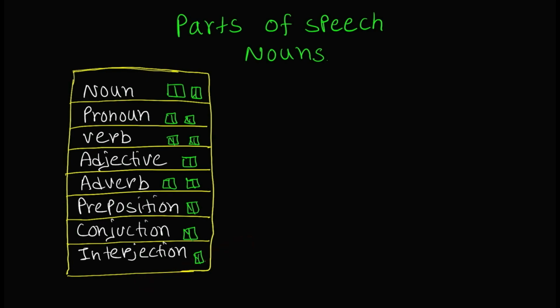A building needs different parts to make a proper building. In the same way, a sentence is made up of words, and each word has a particular job. These jobs are called parts of speech in a sentence.